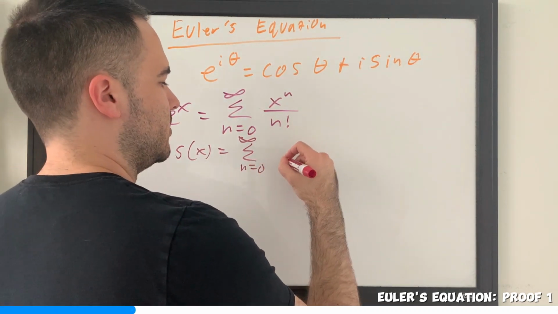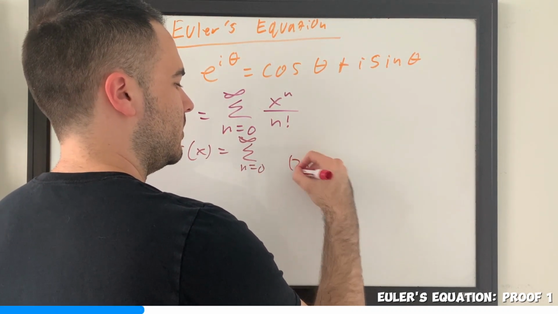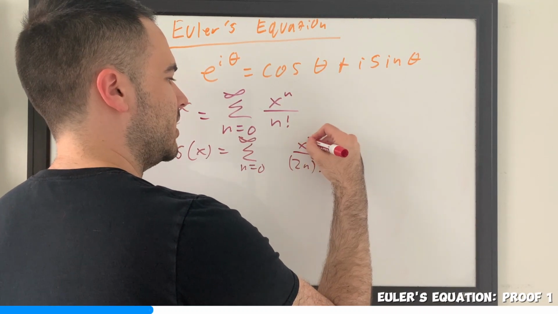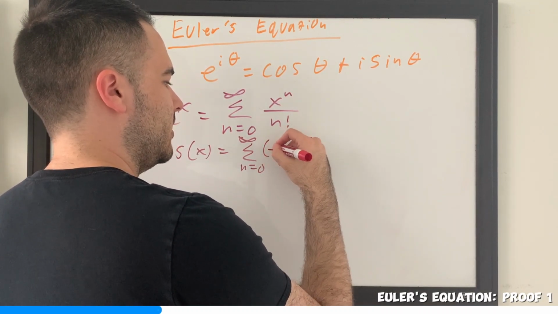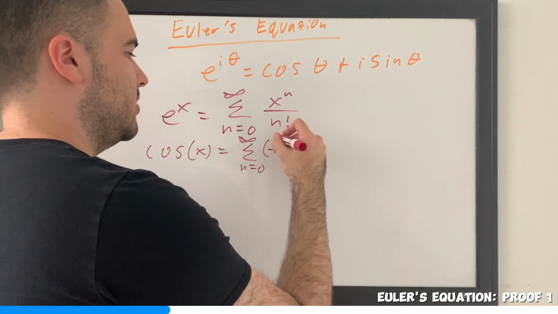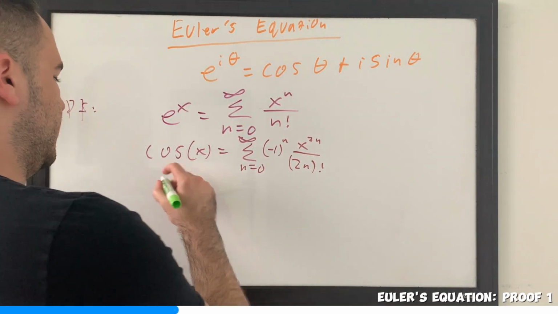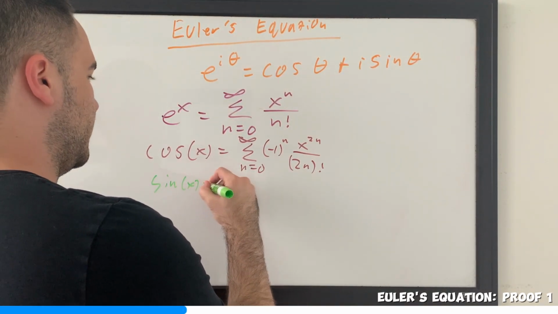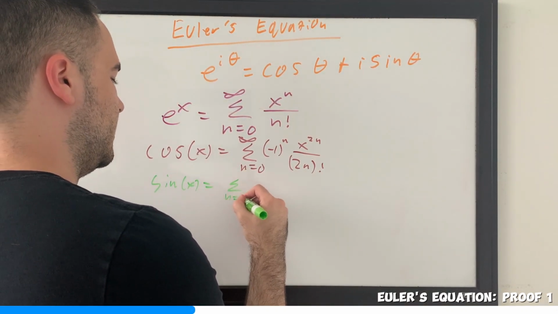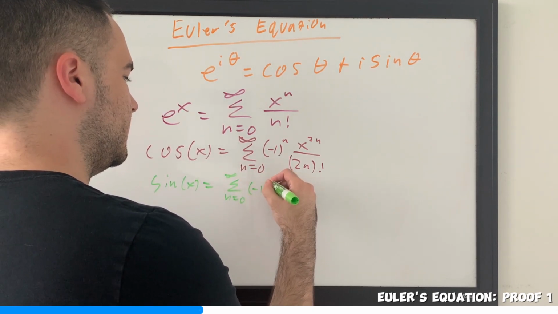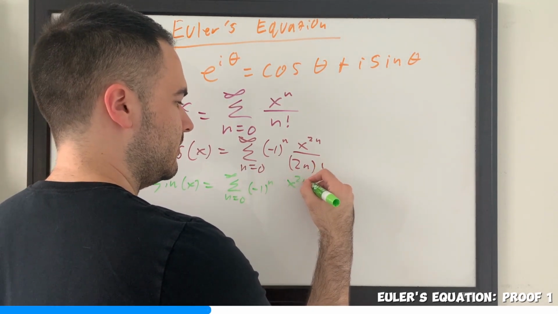So this is equal to x to the power of 2n over 2n factorial, where it is alternating between the two. And then finally, sine of x, which is the alternating odd terms.